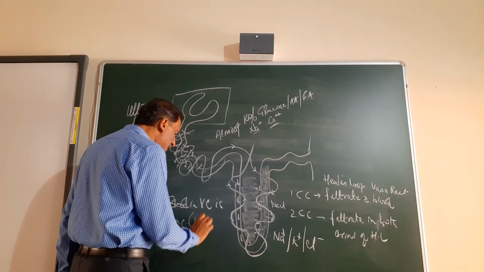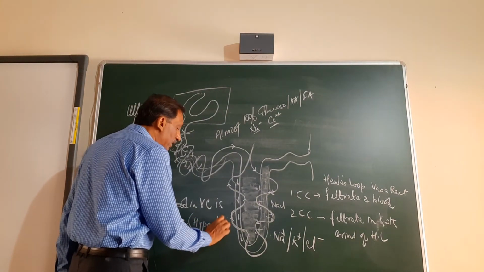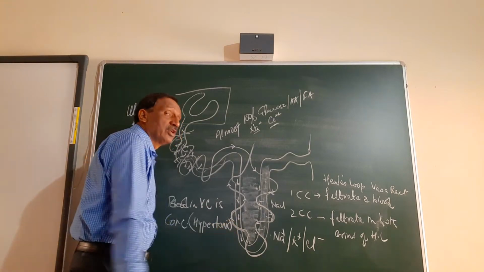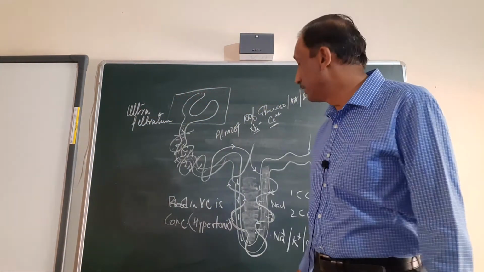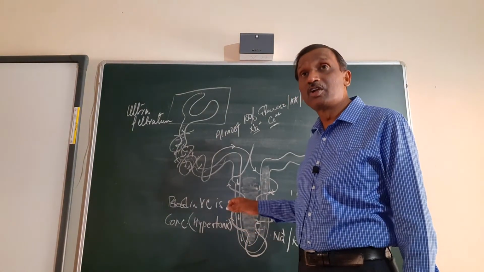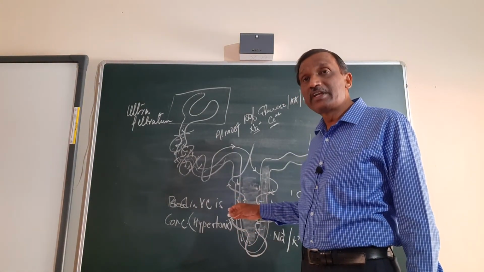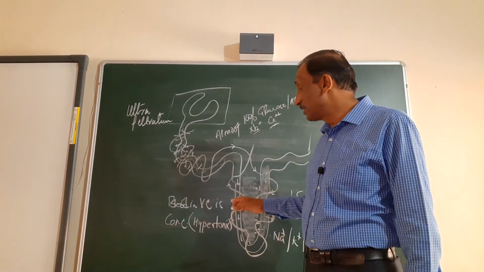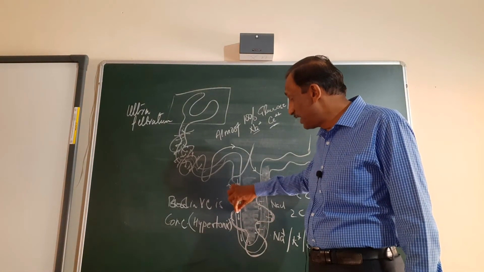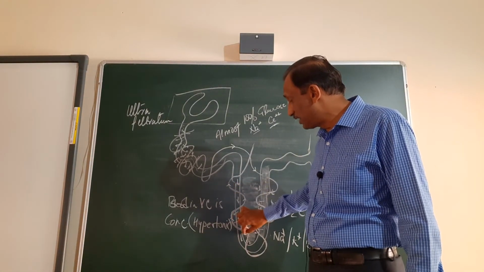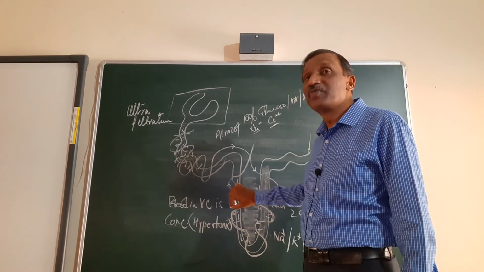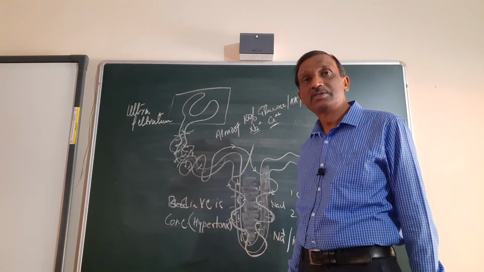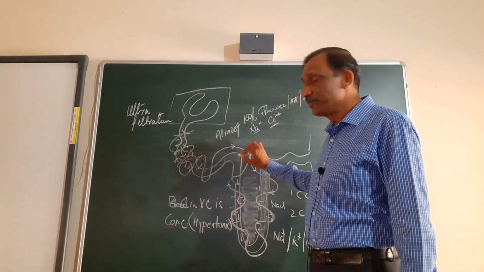What do we write for concentrated? Hypertonic. The blood in the vasa recti is hypertonic compared to the filtrate. The filtrate has a lot of water, whereas the blood does not have that much. So what will happen from here? Water will start filtering out, because these membranes are permeable for water, not for minerals. So it will start absorbing water.